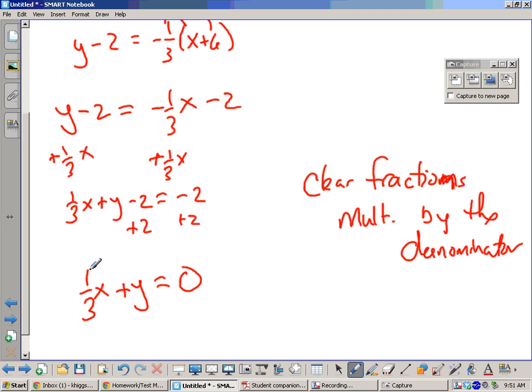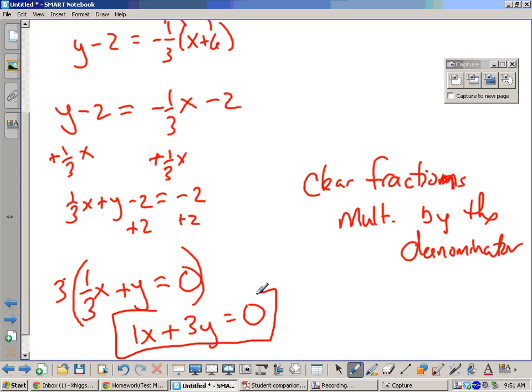So the denominator is 3. So we're going to multiply the whole equation by 3. So 3 times 1/3 is 1x. 3 times y, 3y. And 3 times 0 is still 0. So here is the standard form for this equation.